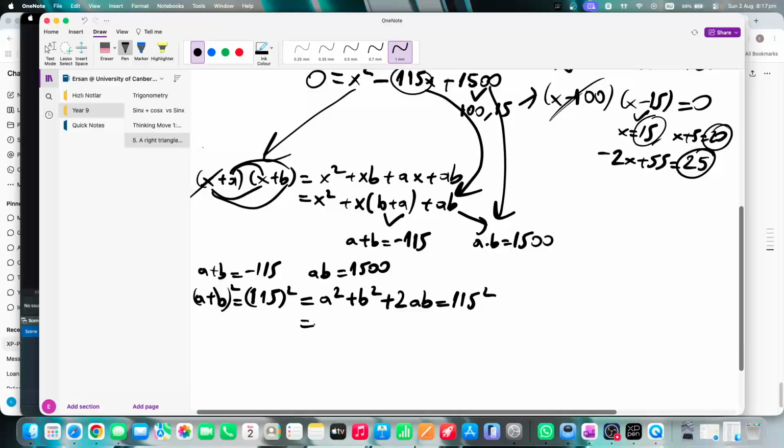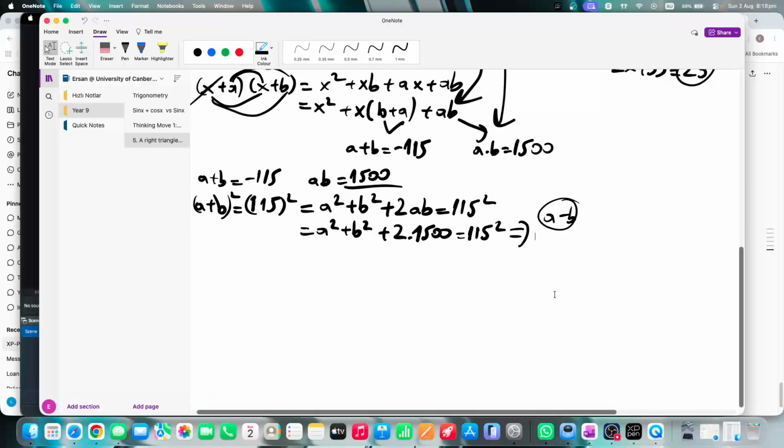So a squared plus b squared plus 2 times 1500, because I know a times b is 1500, is 115 squared. Now if I can switch from this term, a plus b squared, to a minus b, I can simply find a and b. But how will I do it?